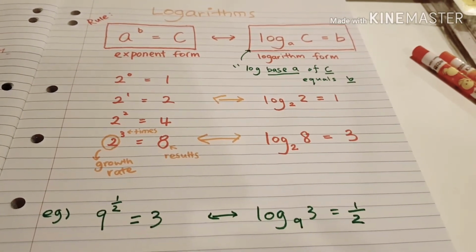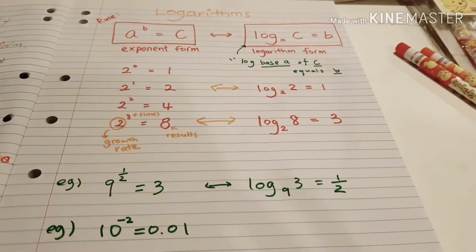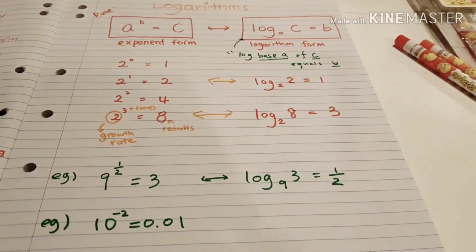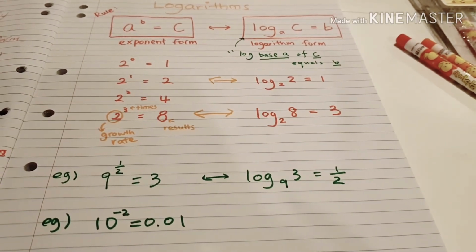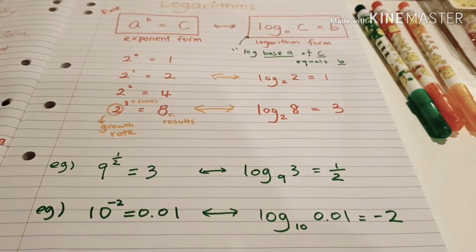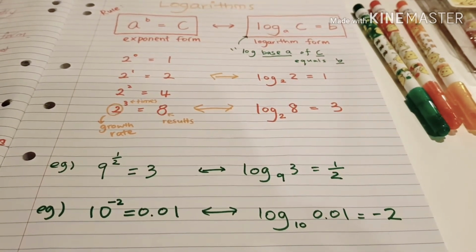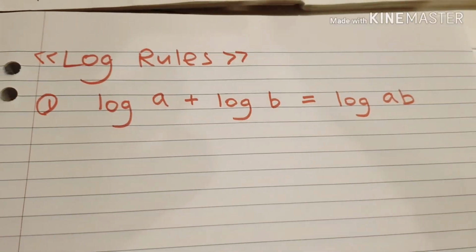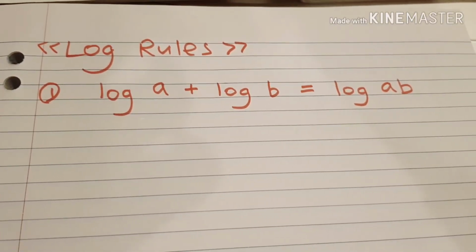You all got this answer? Yeah? Okay. Then have a go at this one. This time the b value is a negative value, but that's still the same. Yep, like this. It's very easy if you just follow the formula. You're doing good. We're halfway there.